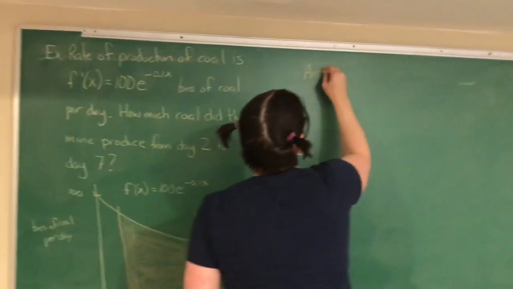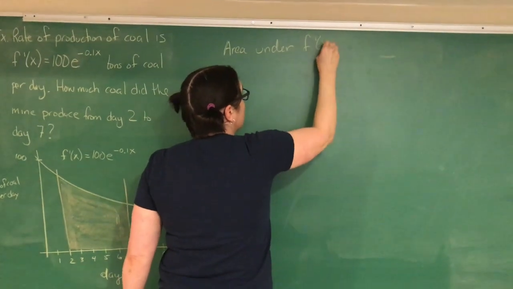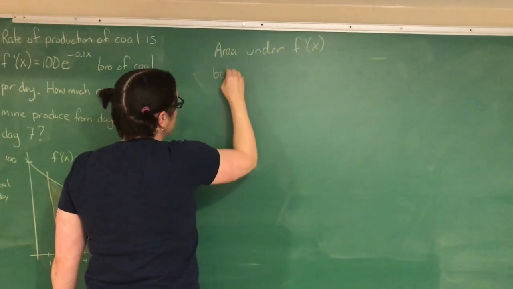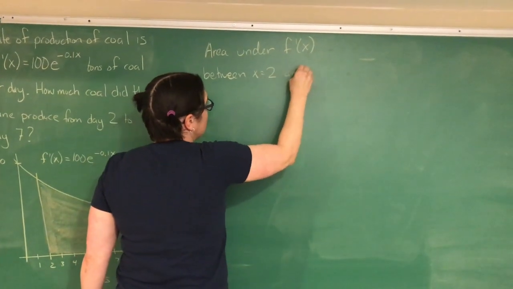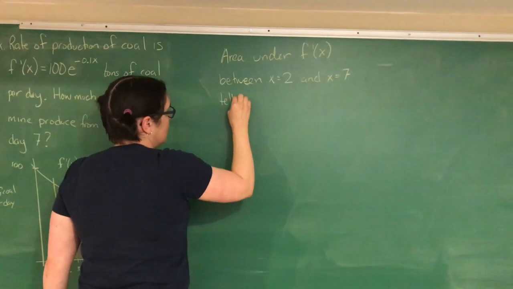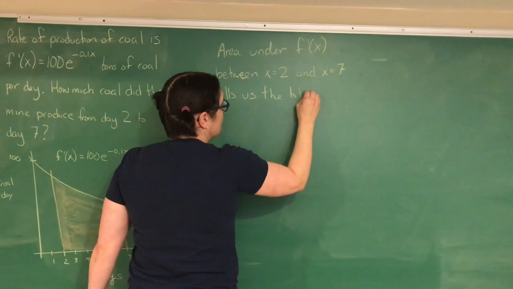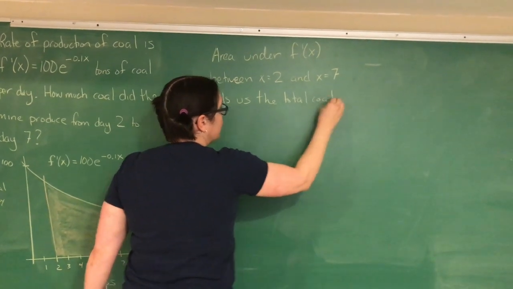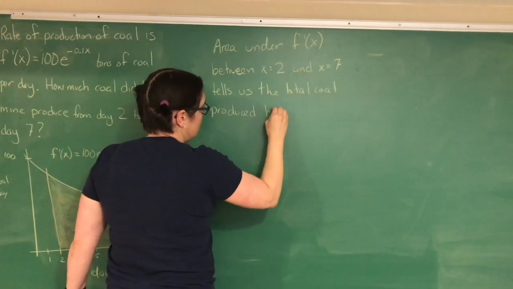So the area under our derivative between x equals 2 and x equals 7 tells us the total coal produced between those days.